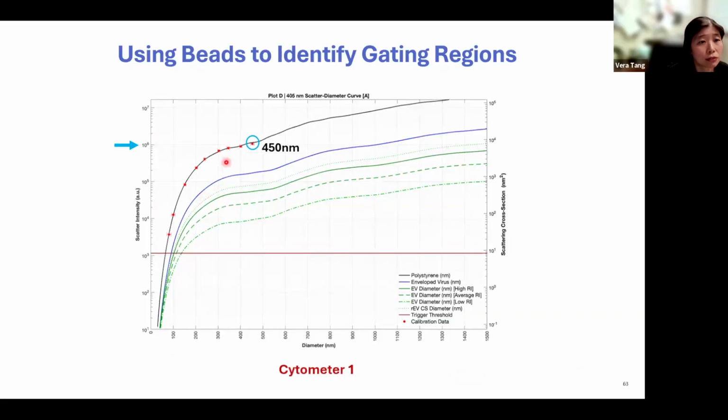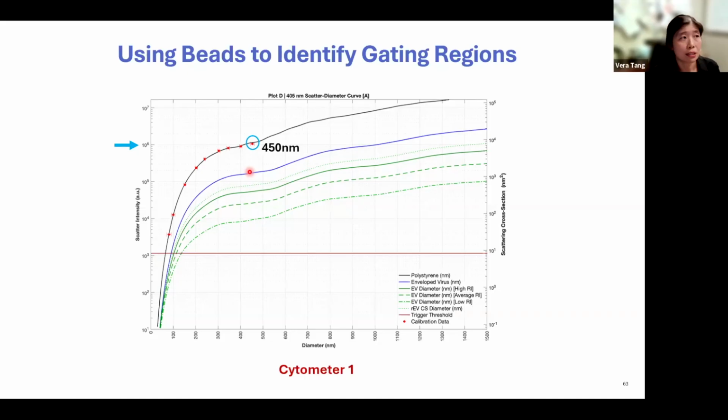So this curve and the different bumps of the Mie curve are like a fingerprint. It's unique to the geometry of your flow cell and to the alignment of your lasers to that core stream. So if you just draw a gate based on polystyrene beads on one instrument, it is not going to be directly correlative on a different instrument.